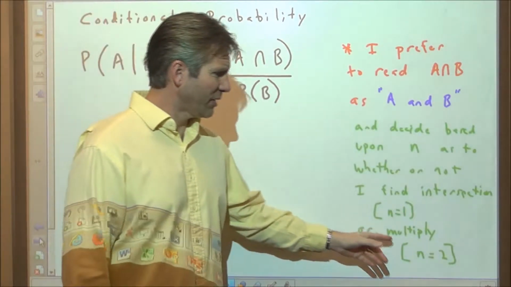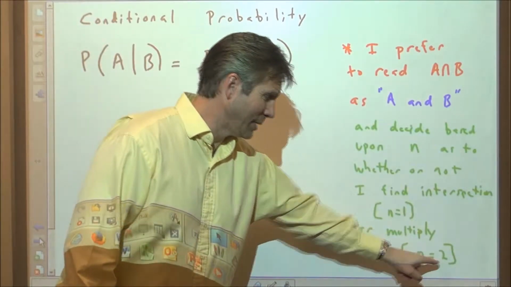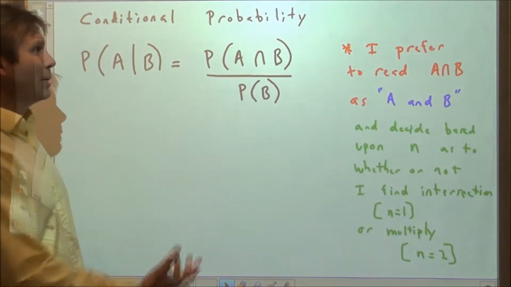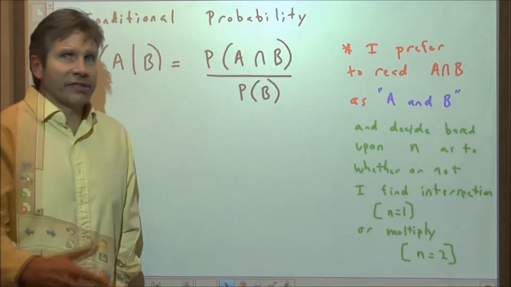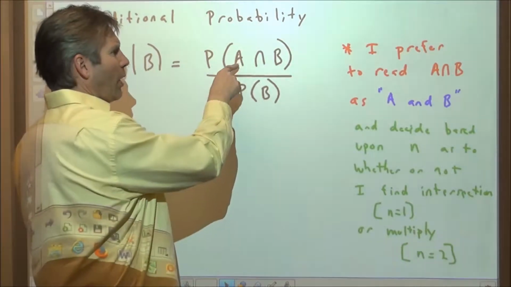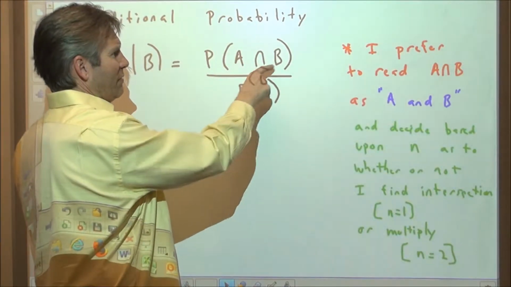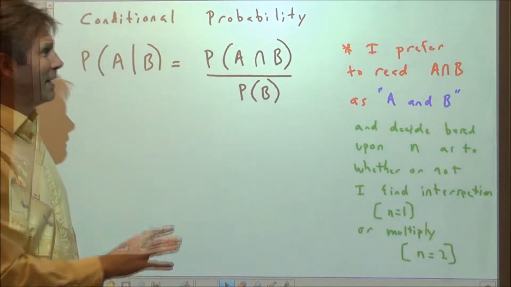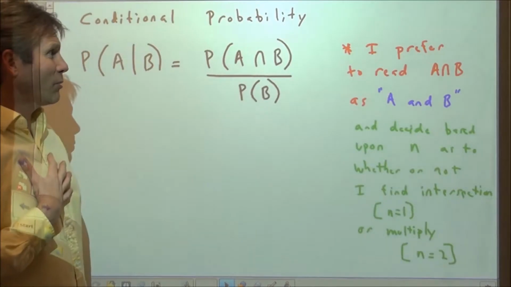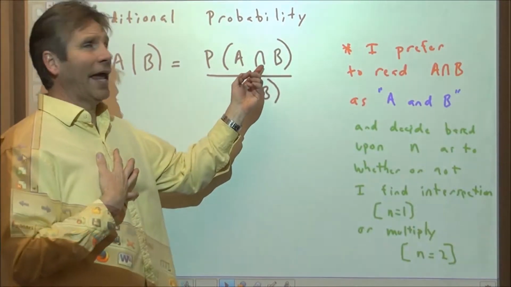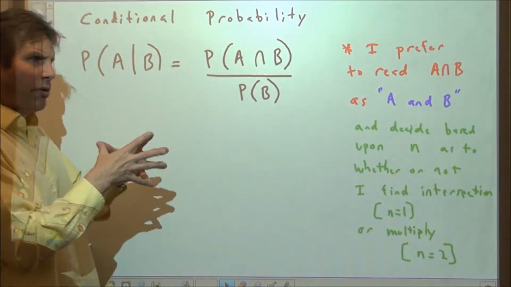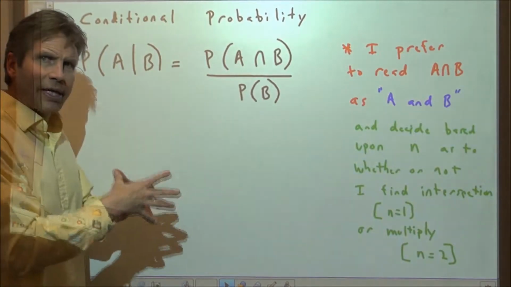But if the sample size is 2, that's a 2 actually down there, then this can mean multiply. Now a big problem that I've even seen good teachers do this, they just accidentally fall into it. A lot of people will automatically multiply stuff up here. That's bad news. That's usually going to lead to a problem, but not always. So that's why I say we could read this as "and" and then, in reading the problem, decide: are we only selecting one thing, and should "and" mean intersection?